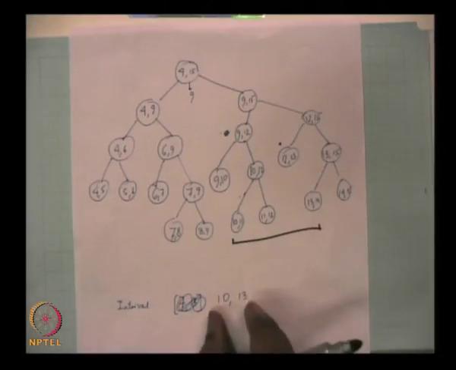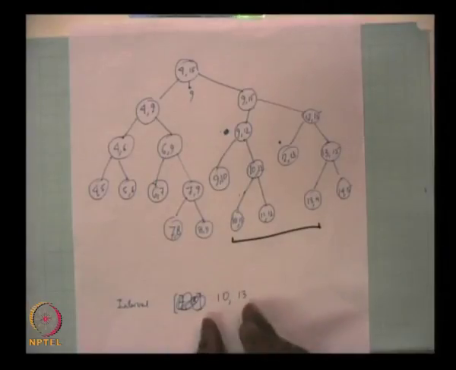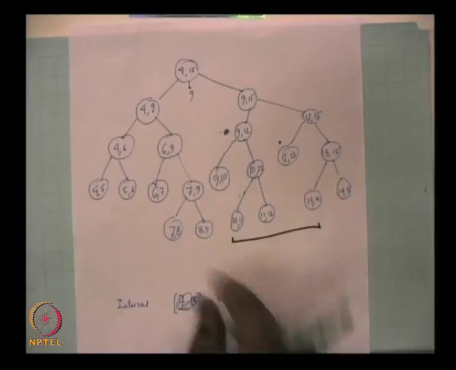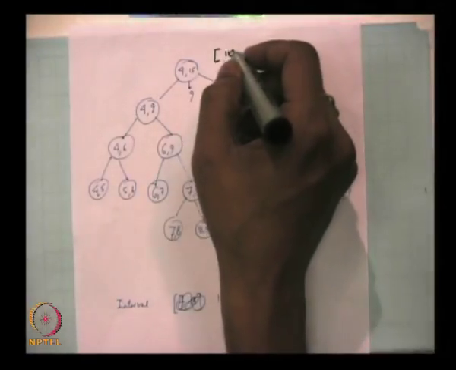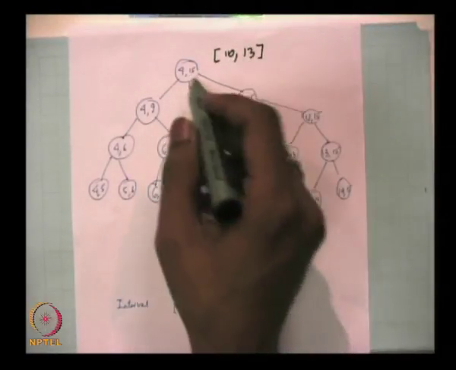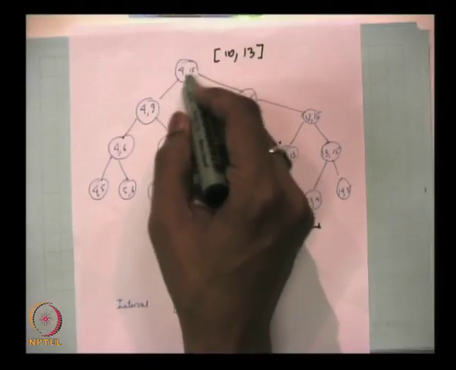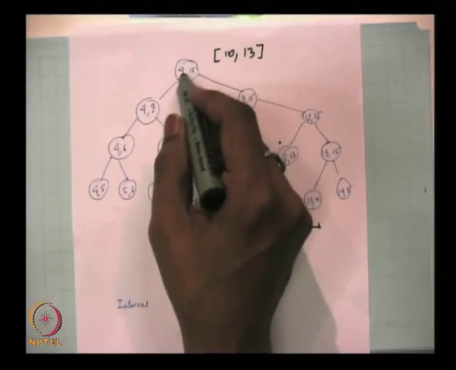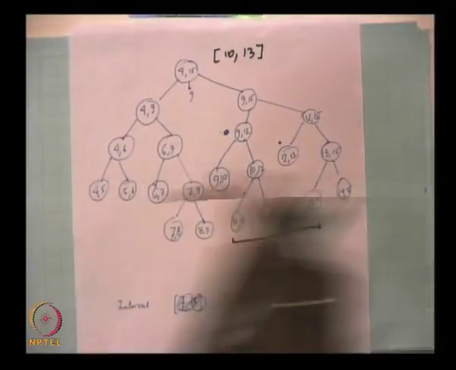And how do we, if you are given this tree, find out where the allocation nodes are? I take this 10, 13 interval. This is the root node, which corresponds to the entire interval from 4 to 15.